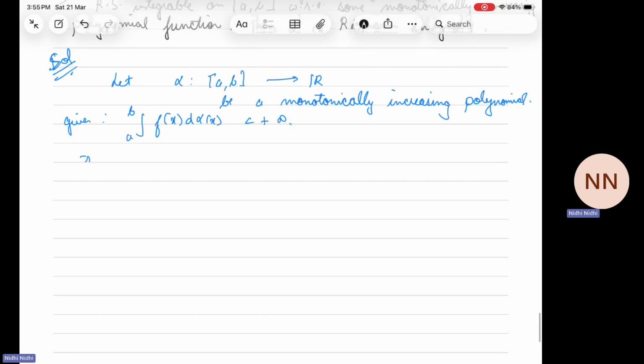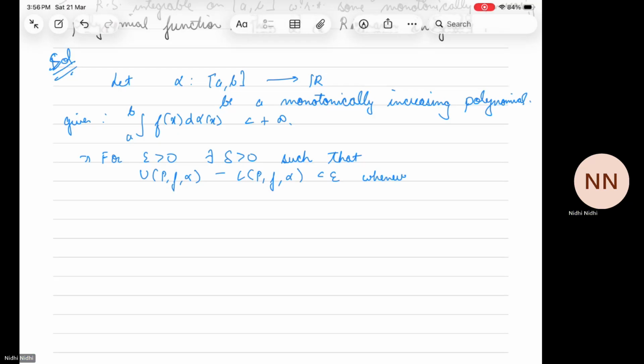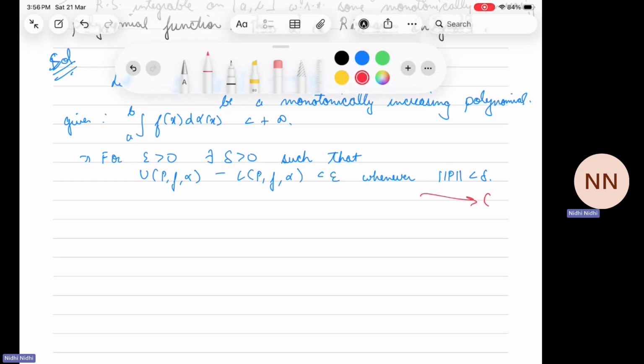That means for any epsilon positive, there exists a delta positive such that UPF alpha minus LPF alpha is less than epsilon whenever norm P is less than delta. Let's mark this as equation 1.